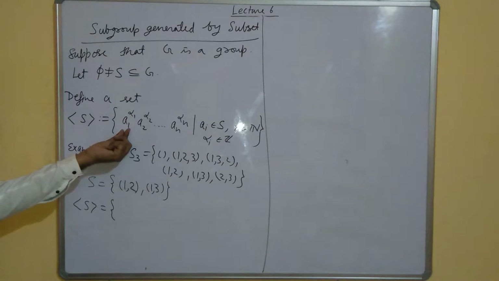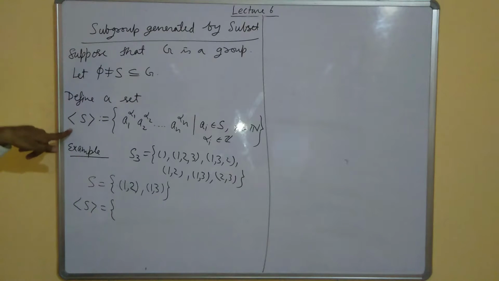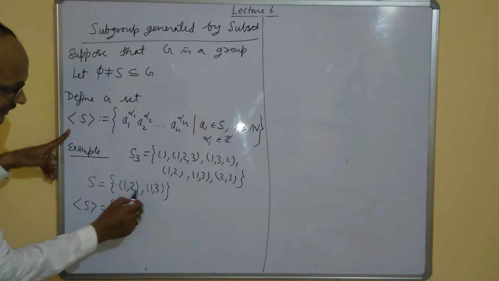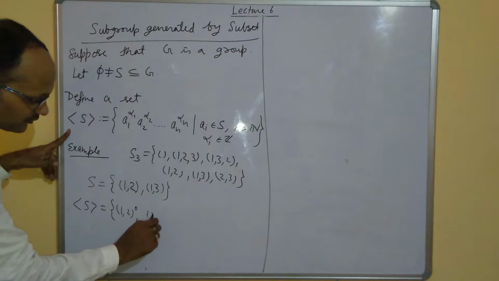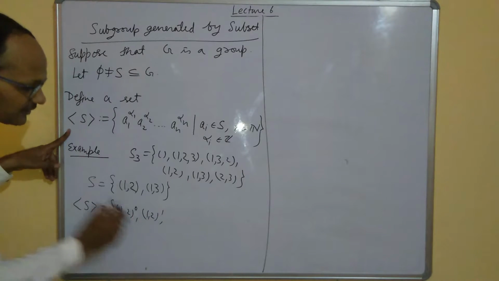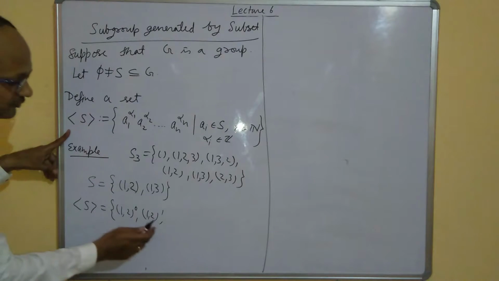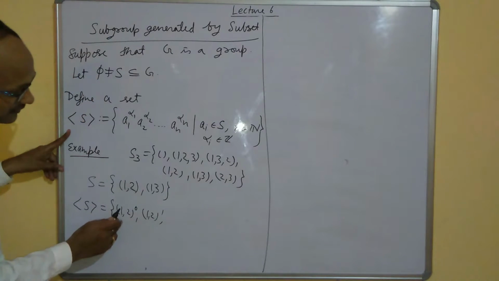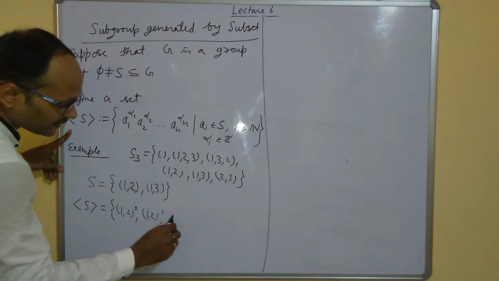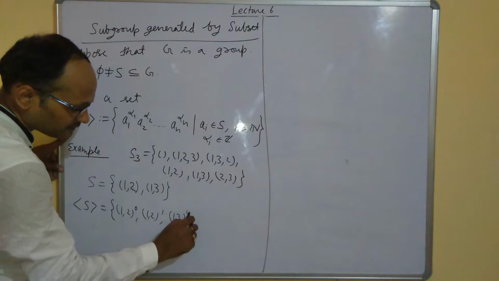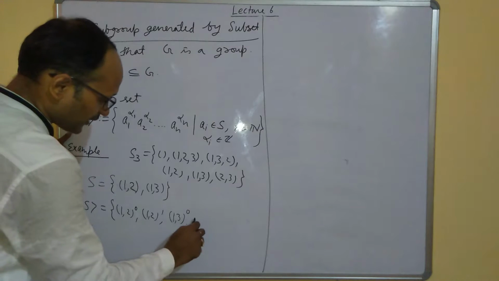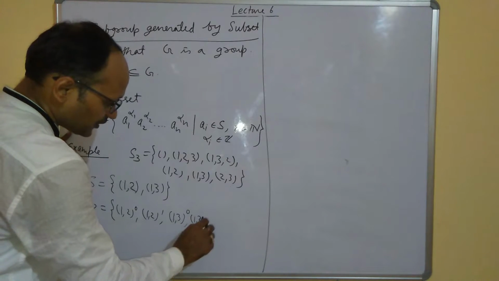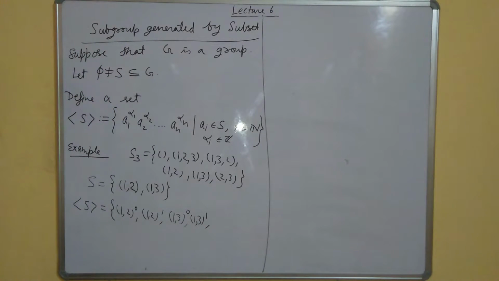So single elements and all its powers will be inside this set. So (1 2) to the power 0, (1 2) to the power 1, everything will be here. But (1 2) to the power 2 is again (1 2) to the power 0, so there is no need of writing. Similarly (1 3) to the power 0 is again identity, equal to this. So in a set both are equal, and (1 3) to the power 1 is also here.